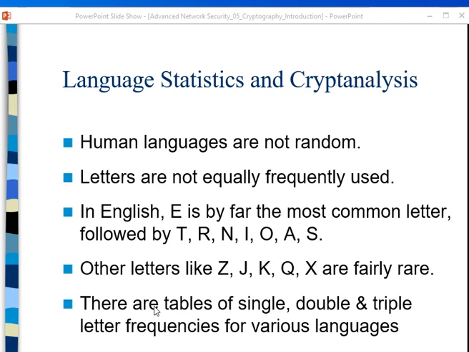There are also tables for single, double or triple letter frequencies for any language. These tables can be used for attacks.